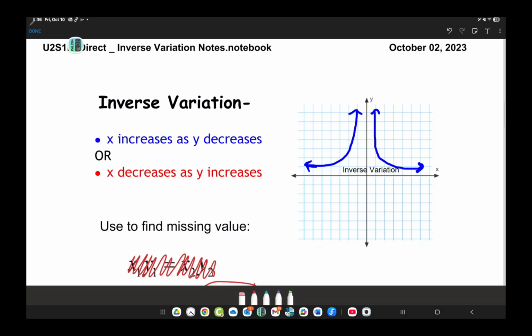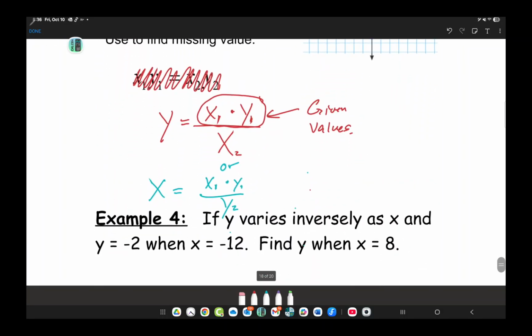Let's talk about inverse variation. Inverse variation uses this formula. Okay, so again, write this down. This is how they're going to want you to write this on the homework website, the Canvas.